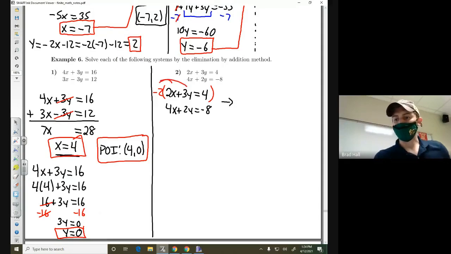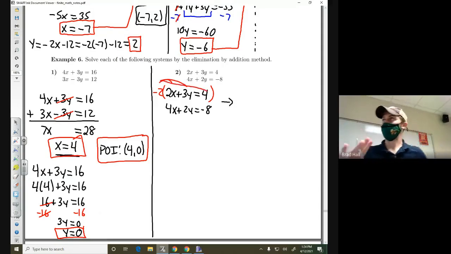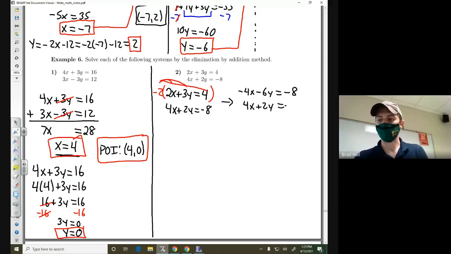As long as we do everything balanced, as in we multiply -2 to every single coefficient, that's -4x minus 6y is equal to -8 for the top one. And 4x plus 2y is equal to -8. As long as you multiply that -2 to every single number for the corresponding equation, then you're okay.